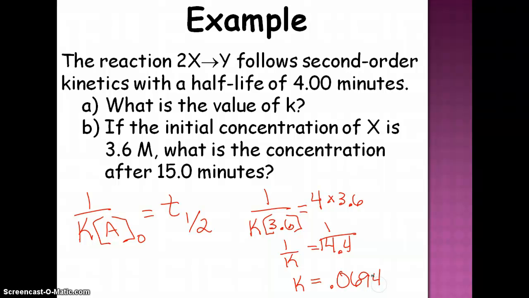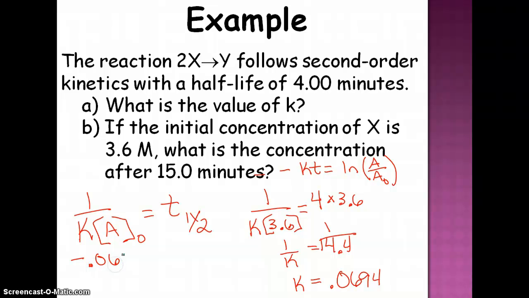And so that's part A, and now it wants to know what is the concentration after 15 minutes. So now we're going to have to employ our other equation that we use for half-life: negative KT equals natural log of A over AO. We just used that equation on the previous problem.